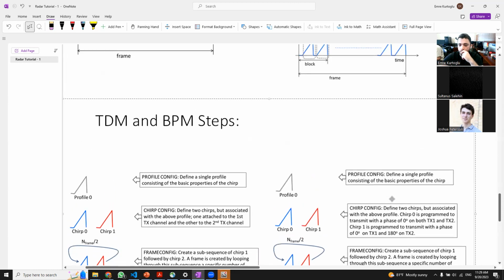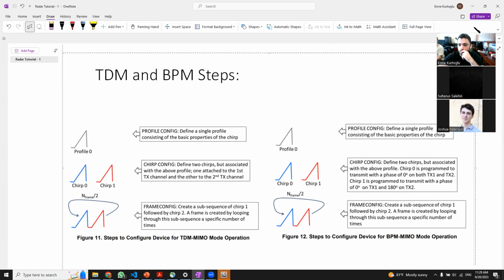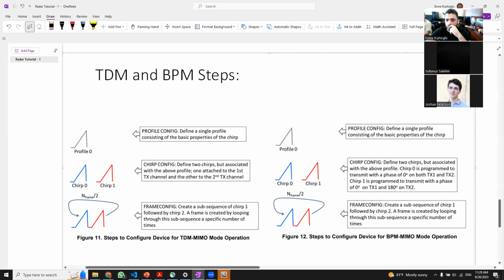And for the BPM part, we need to define a single profile, again consisting of basic properties of the chirp. For chirp 0 and 1, again, we'll define 2 chirps, but each of them will use different phases.